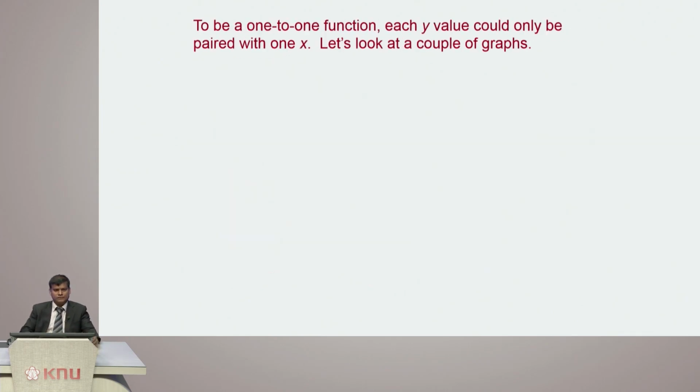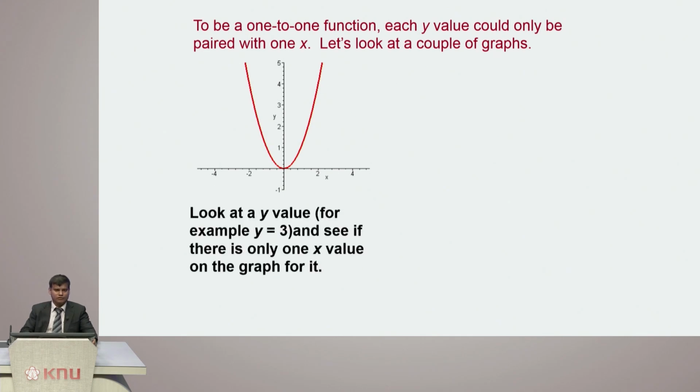Okay. So to be a one-to-one function, each y value could only be paired with one x. Let's look at a couple of graphs here. Here is the graph. Look at the y values here.